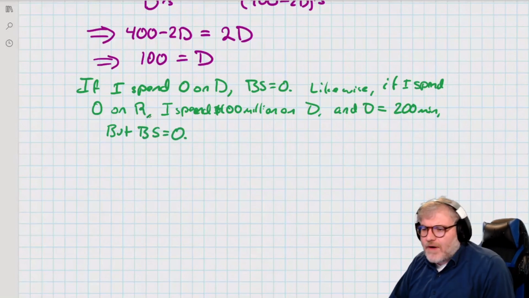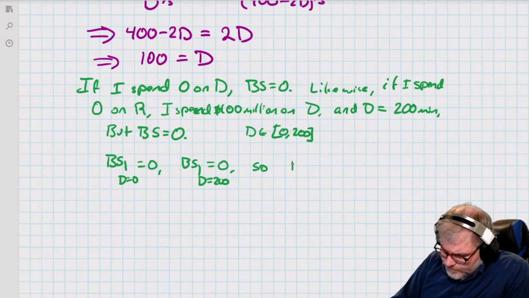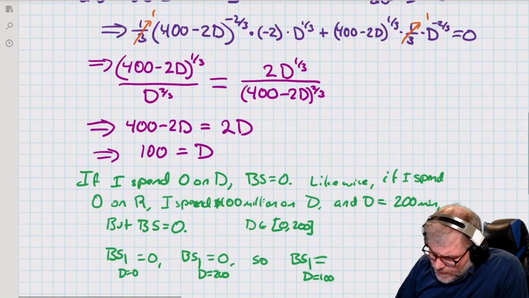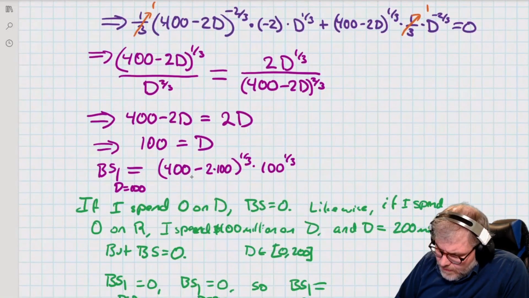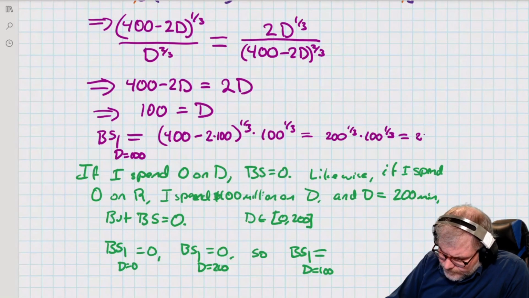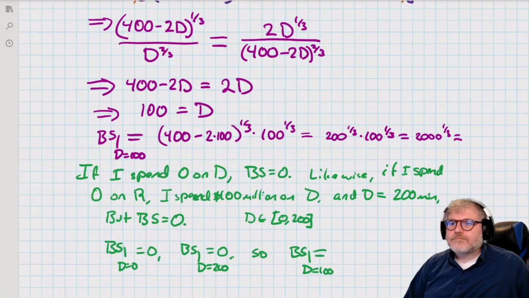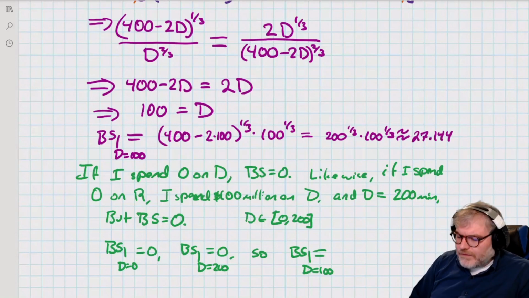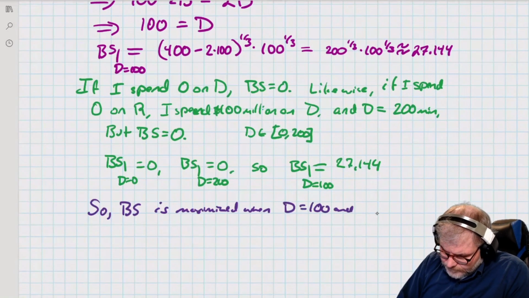So my two endpoints are D equals 0 and D equals 200. And when D equals 100, I do a little computation here. 200 times 100 to the 1/3 is going to be about 27.144.